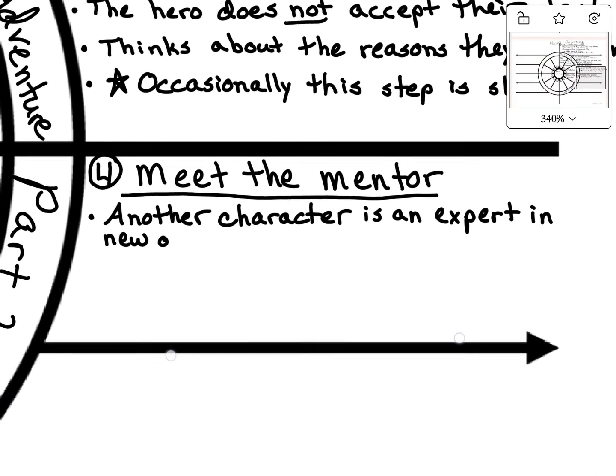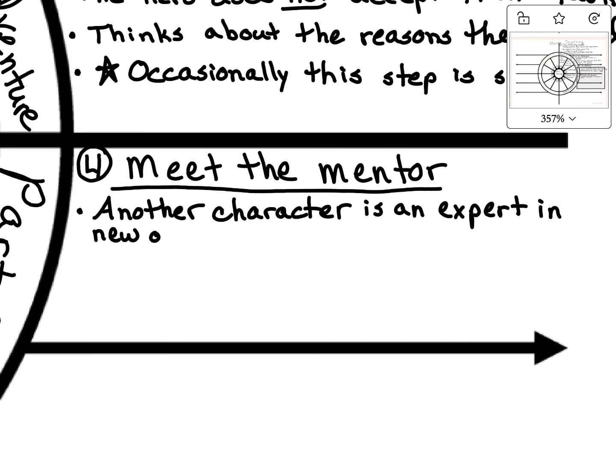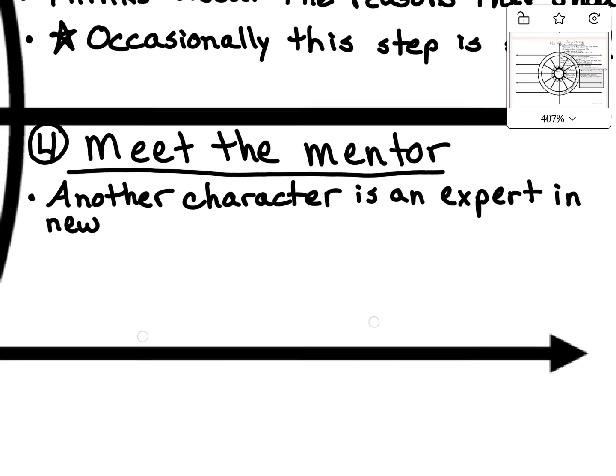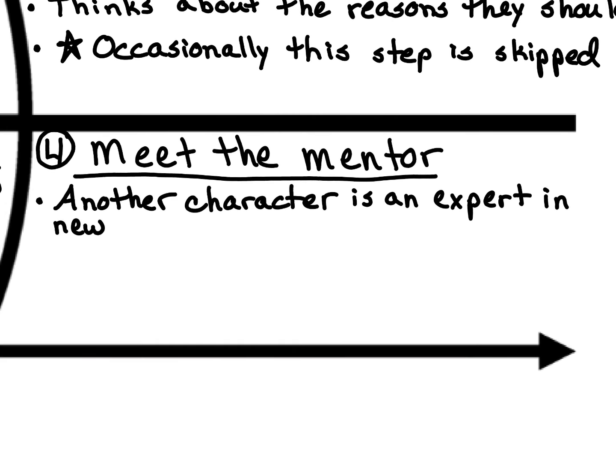What that means is that they know a lot about whatever this new world is. So Dorothy might meet Galinda the Good Witch, who teaches her all about Oz. Harry meets Hagrid, who takes him to Diagon Alley to go shopping for his wand and teaches him all about how the wizarding world works. What's another good one?